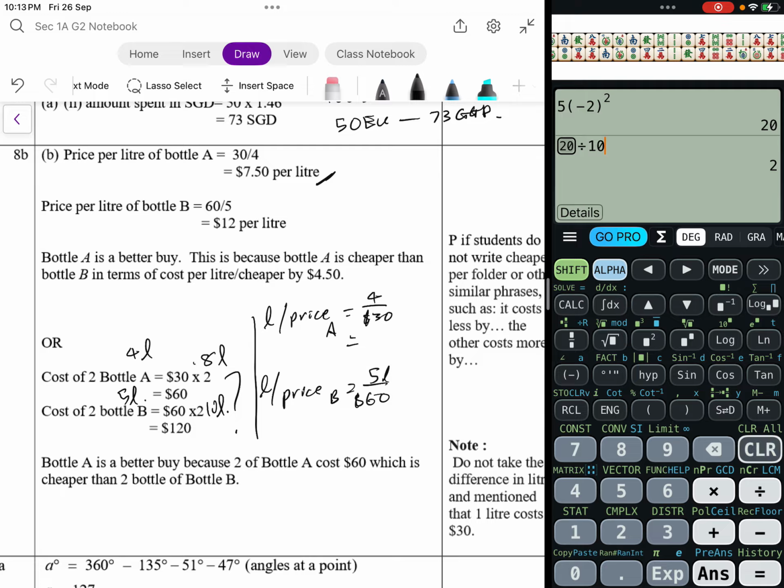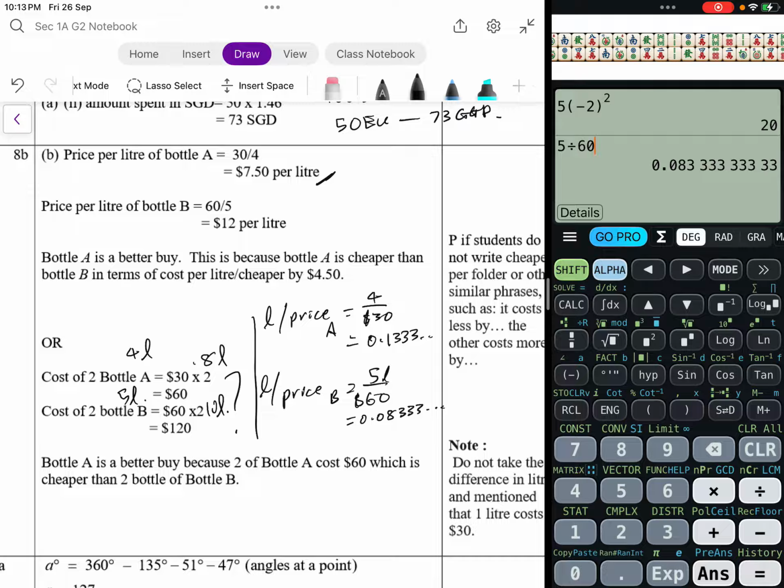Okay, so for those who take 4 divided by 30, you get 0.133, right? Then if you get 5 divided by 60, you get 0.08333.